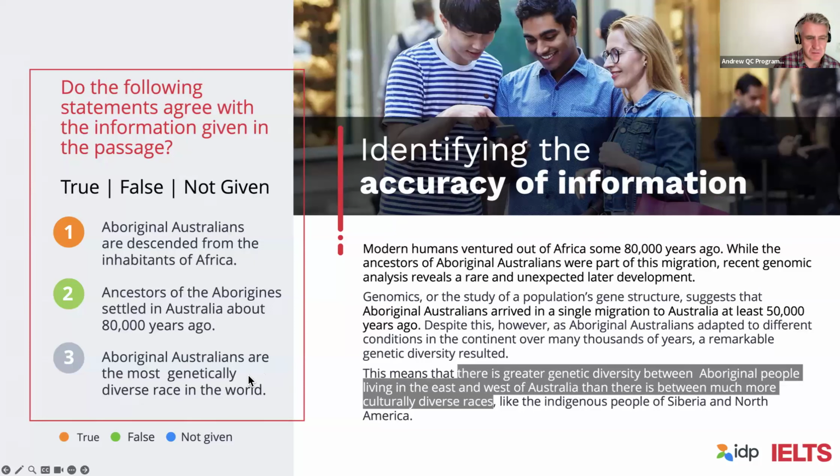Then number 3, I've given the game away, is not given, right? But can anyone explain why?